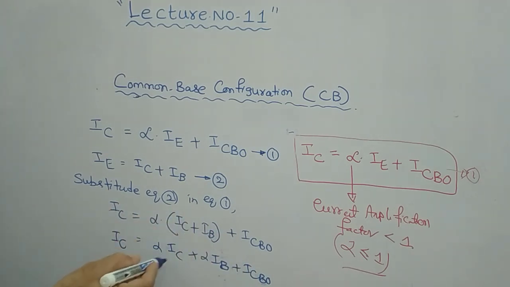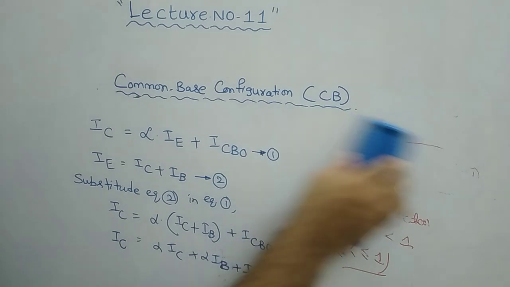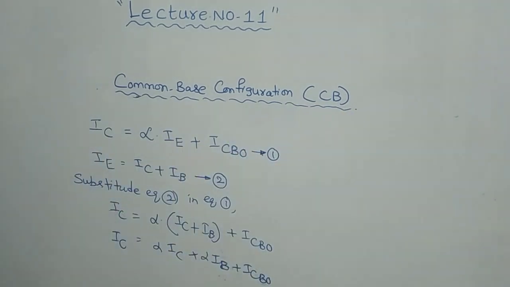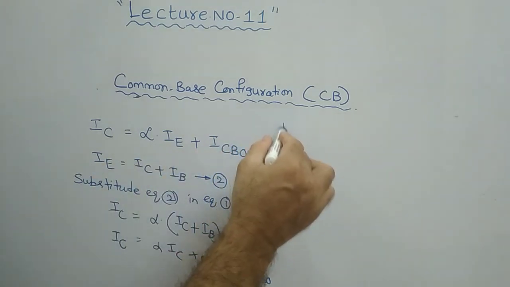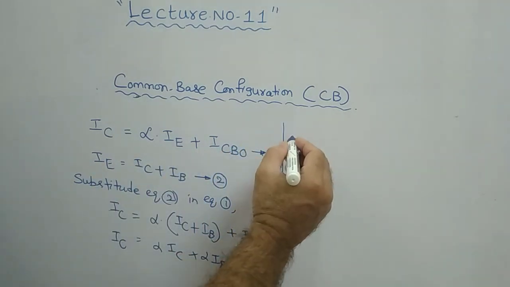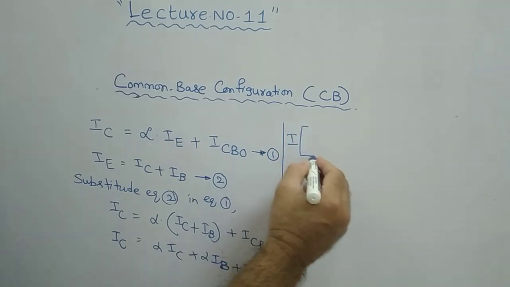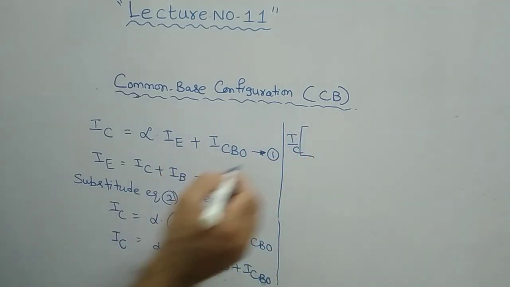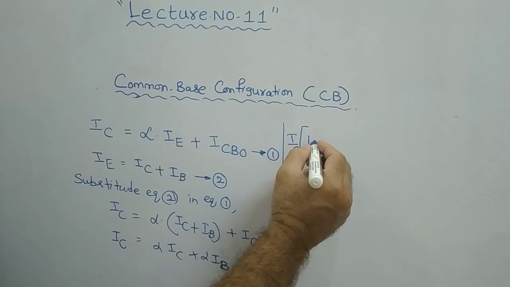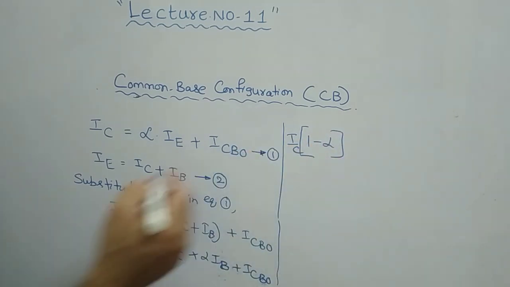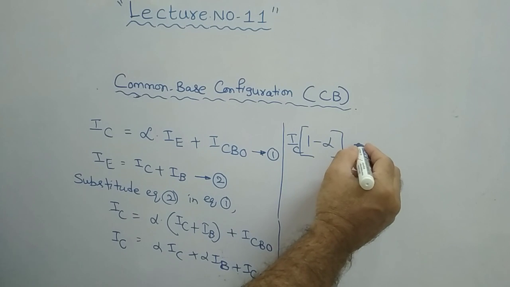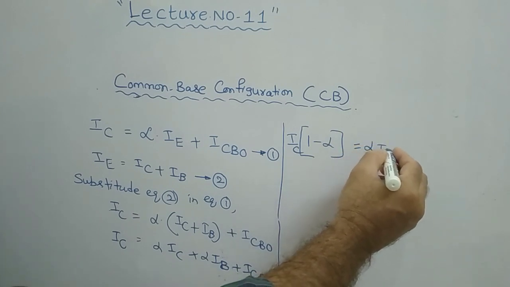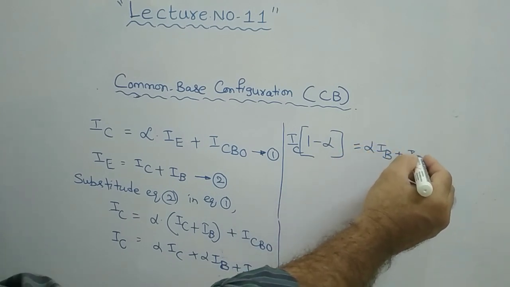Now bring this alpha times IC to the left side and take IC as common. You will get IC times 1 minus alpha is equal to alpha times IB plus ICBO.